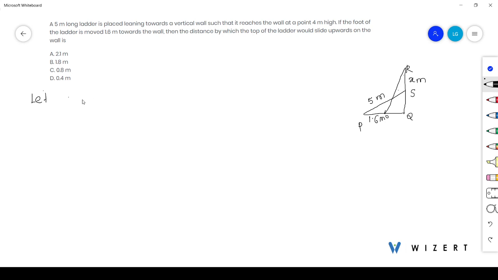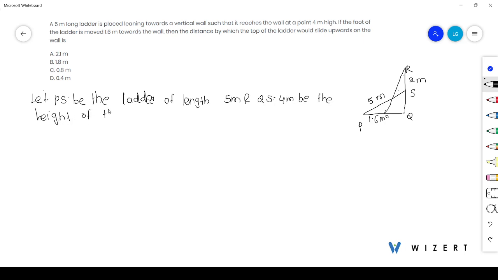Now let us write first what is given here. Let PS be the ladder of length 5 meter and QS equals 4 meter be the height of the wall on which the ladder is placed.